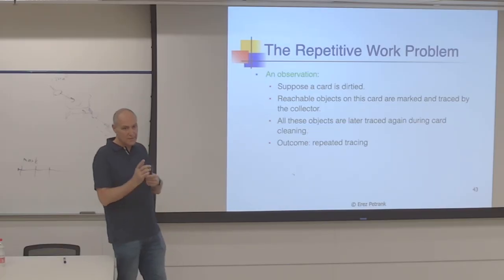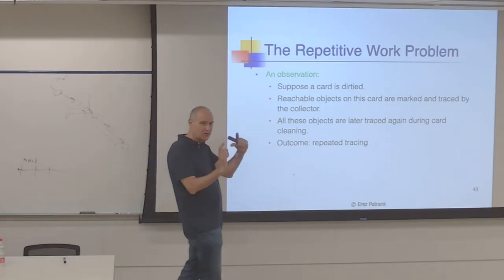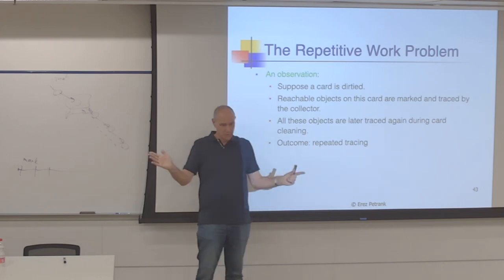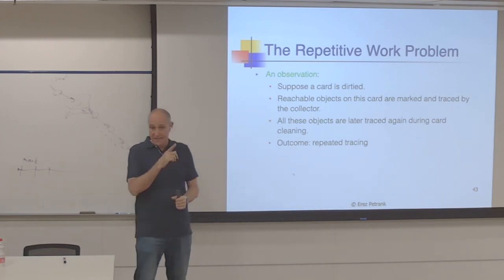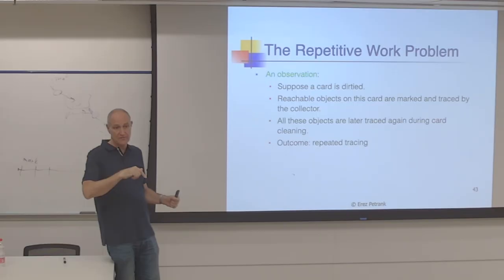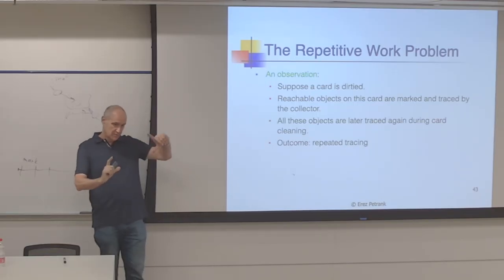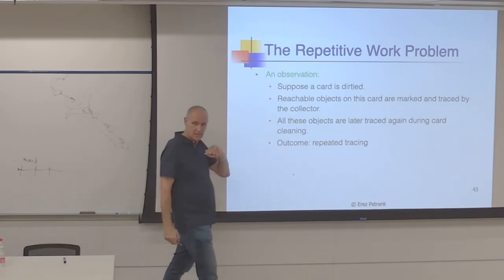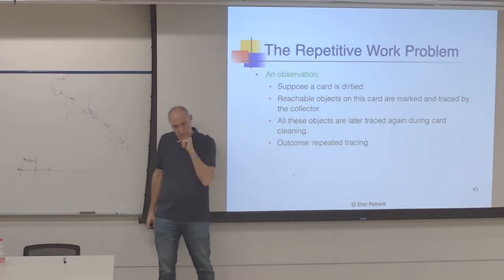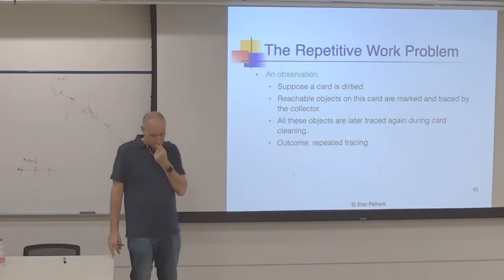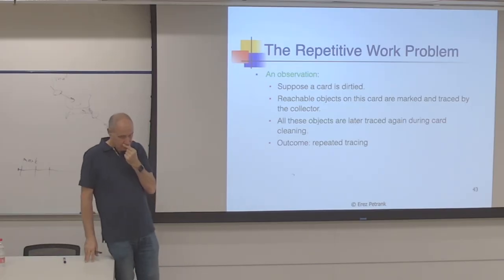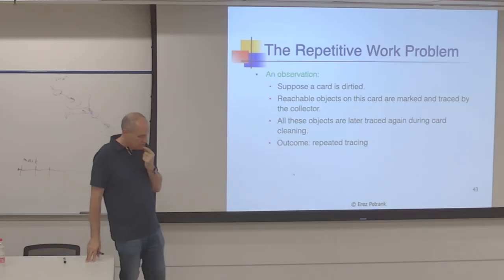Right. So basically you're saying make the card smaller so you'll not have to scan a lot, but still anything that changes, you still have to trace again, even if you don't have this inaccuracy because the card is large. Yes. Maybe we can remember for the cards what we already traced and hasn't changed?